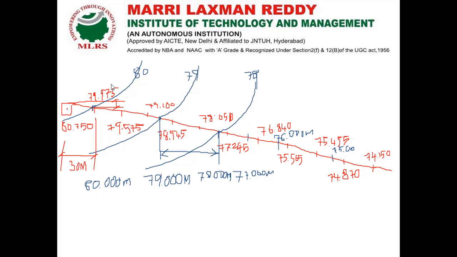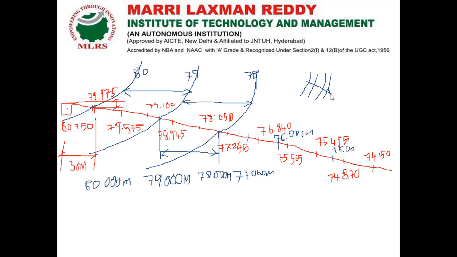The horizontal distance between two consecutive contour lines denotes the slope of the ground. If it is equally spaced, then it is fairly level ground. If the lines get closer like this, then it should be called steep ground.